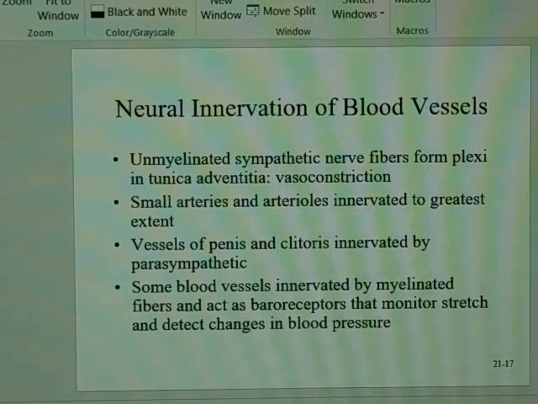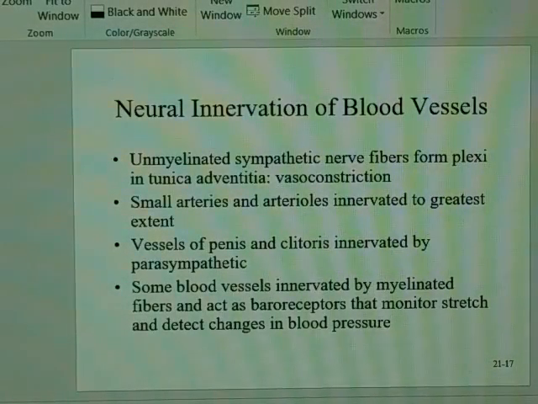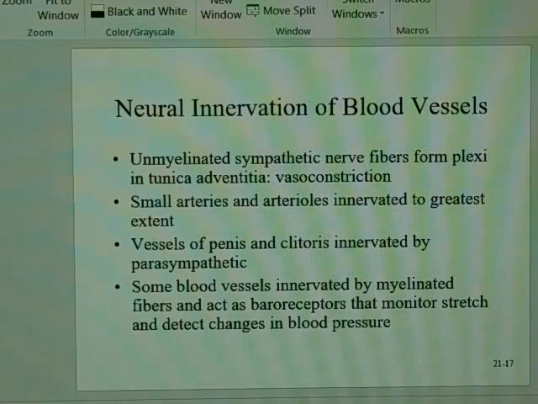Something else that I pointed out in the structure of those vessels was that there was a nerve supply. For the most part, those vessels are innervated by the sympathetic nerve fibers. The fibers will branch to form a plexus.